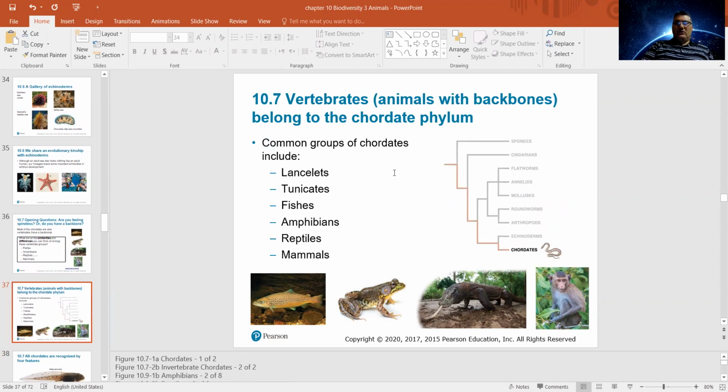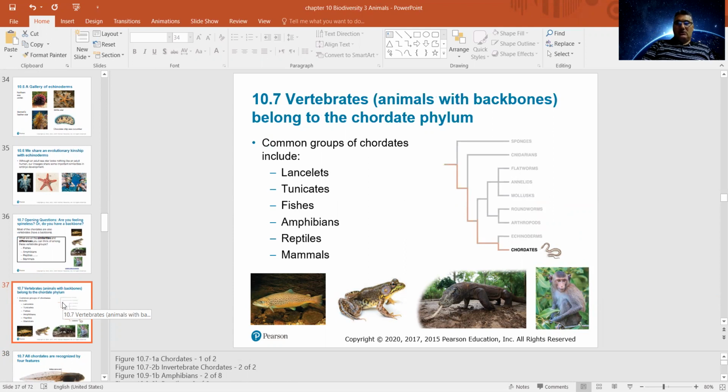So we're discussing the last one, which is chordates, the ones that have cords. Chordates include lancelets, tunicates, fishes, amphibians, reptiles, and mammals. All of these are considered different types of chordates.